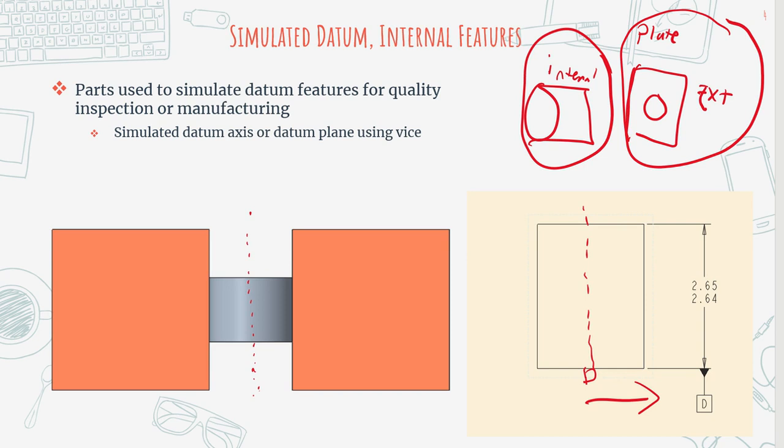What the vise does is it contacts this pin, and then it takes the midpoint between the jaws, and whatever that midpoint, the midline is, that midline will then become your datum axis. So then this becomes datum axis D. So that's how you physically simulate the datum axis.